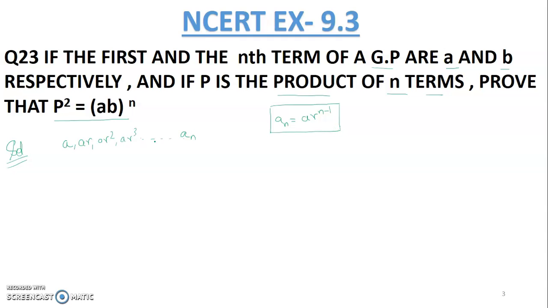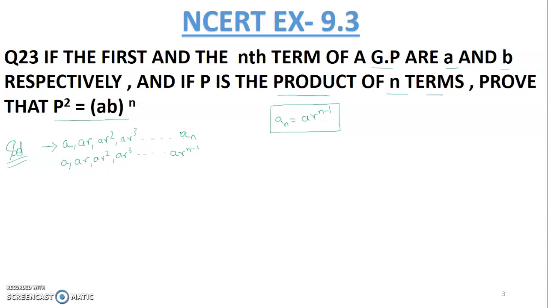Now I can write this GP as A, AR, AR squared, AR cubed, continue till AR^(n-1). Are you following why I am writing AR^(n-1)? Because in this GP, the last term is An.